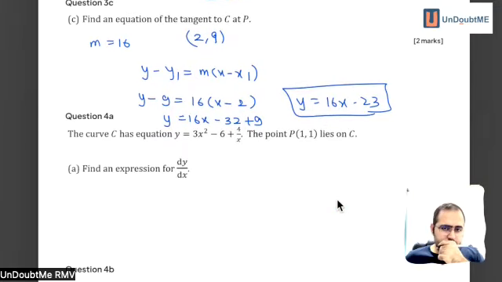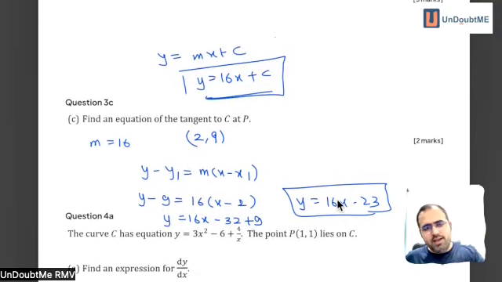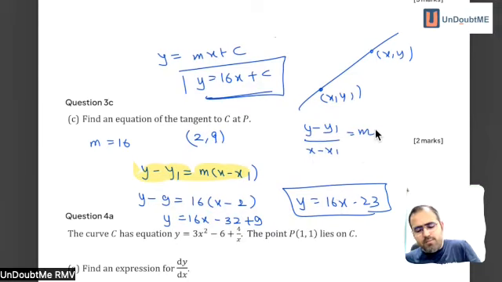I didn't do this method though. I don't understand what's happening here. Both the methods are fine. If you like the above one, you can do that. And there is nothing new in the second method which I have used. I'll just explain. If you look at a line, if one point is (x1, y1) and another point is (x, y), then we will write the gradient as (y minus y1) over (x minus x1), and that is equal to m.